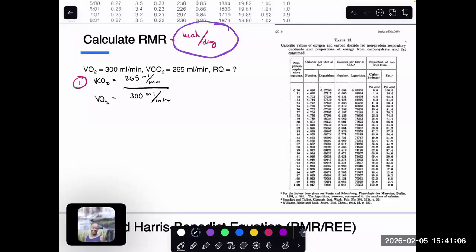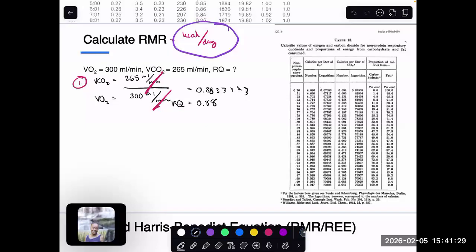And we're going to track these units like a hawk. So those cancel. 265 divided by 300 is 0.883333, and we're going to round that to 0.88 so we can actually use it. So that is our RQ.